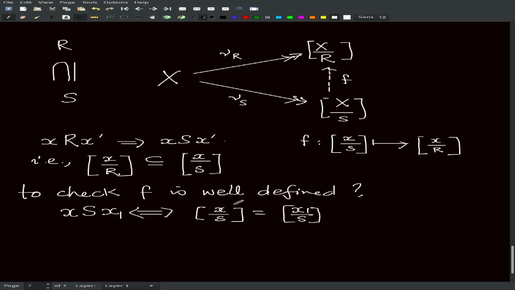If I define something using this element x, what is the well-definedness problem?